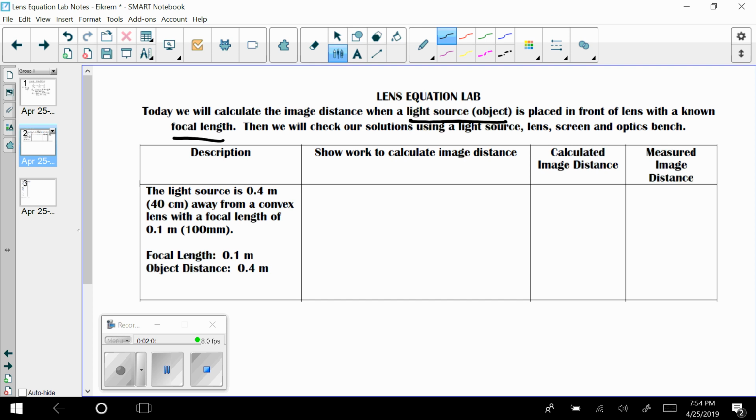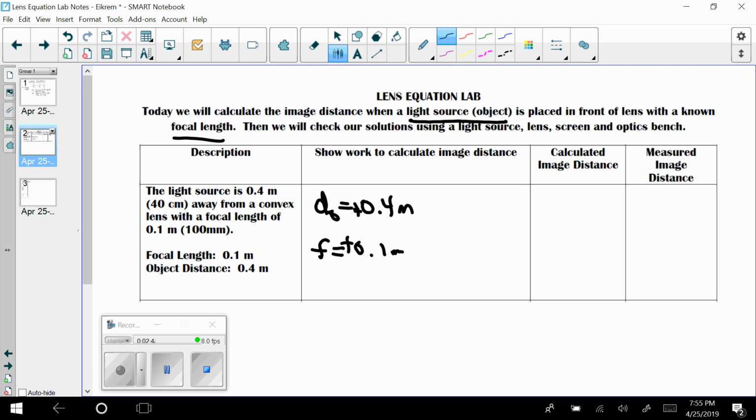Okay, so first off, the light source is 0.4 meters away from a convex lens. So this is a convex lens, and the light source, dO then, is equal to 0.4 meters. Now, this is a positive number. And the lens has a focal length, F, equal to 0.1 meters.